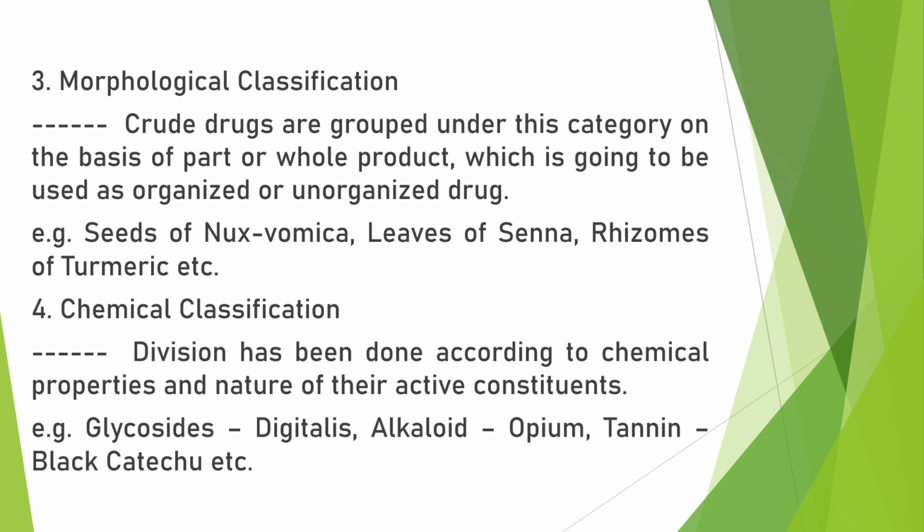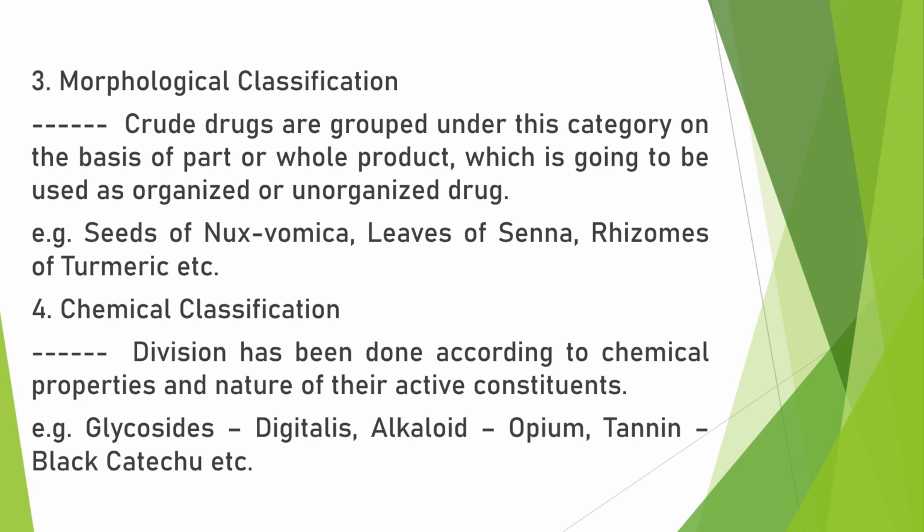If we put some valuable examples, in case of digitalis, it contains the group of glycosides as per the character of its main or active chemical constituent, for example digoxin present in digitalis, and it's a glycoside, so that is why the plant is categorized under the group of glycosides as far as the chemical classification of crude drugs is concerned.